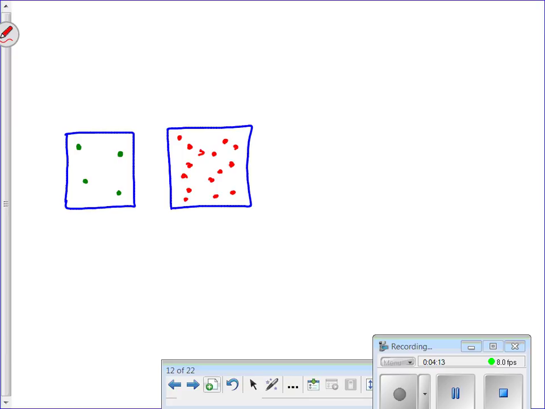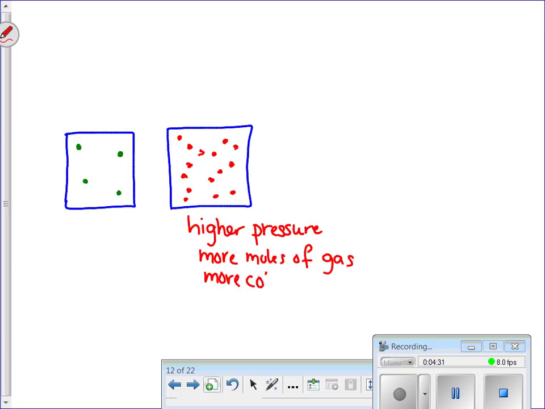this container on the right will have a higher pressure because there are more moles of gas, which means there are more collisions, and the collisions cause the pressure.